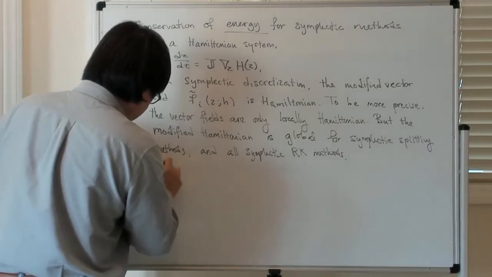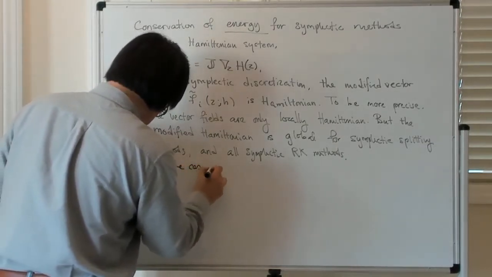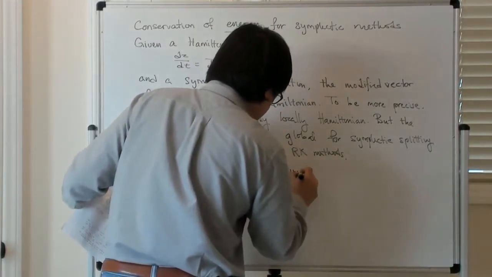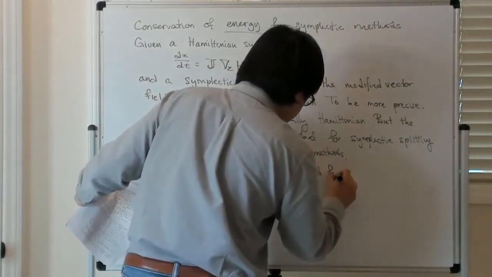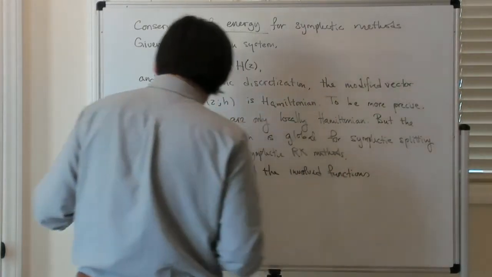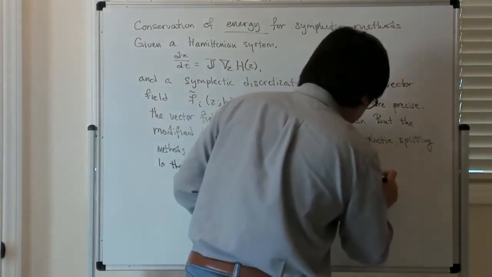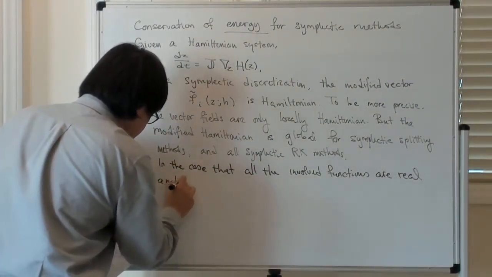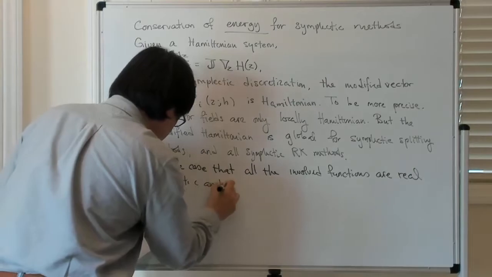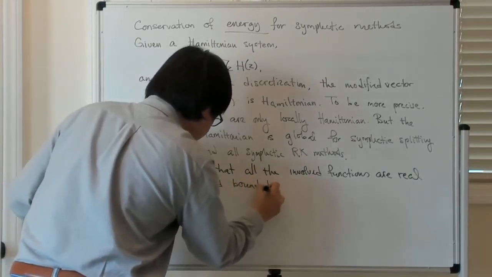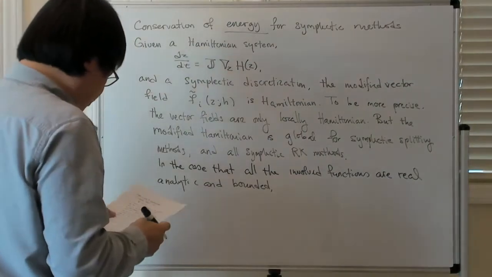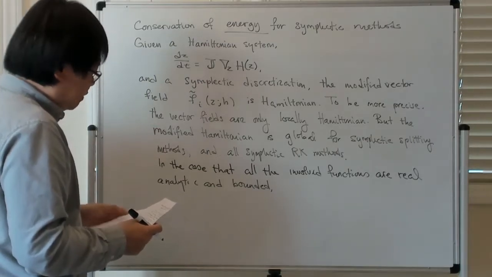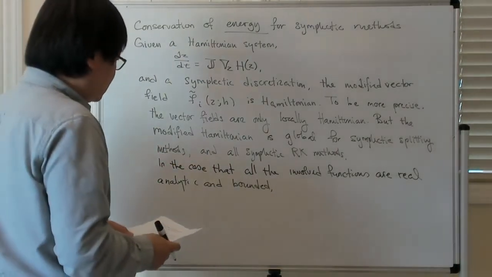In the case that all the involved functions are real analytic and bounded, then the difference between the numerical method and the flow of the optimally truncated modified equation can be made to be exponentially small. So we discussed this a little bit.